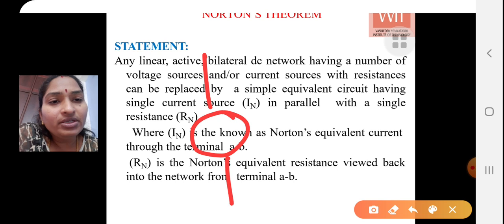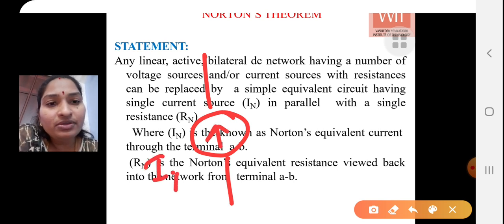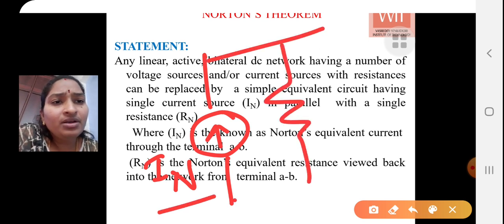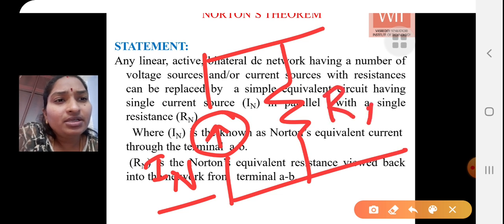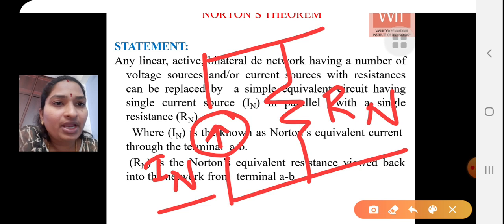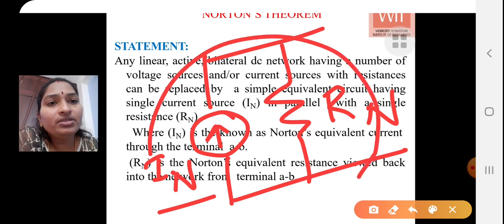This Norton's equivalent circuit consists of a Norton's current source, represented with IN, in parallel with Norton's resistance, symbolically denoted with RN. So this is the Norton's equivalent circuit.